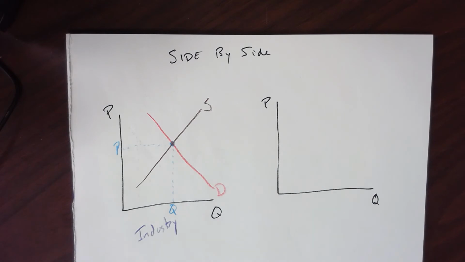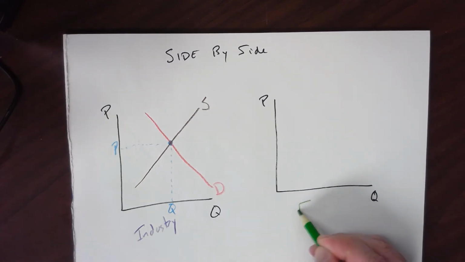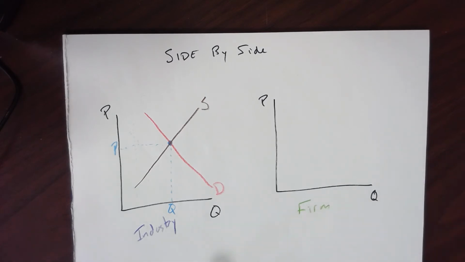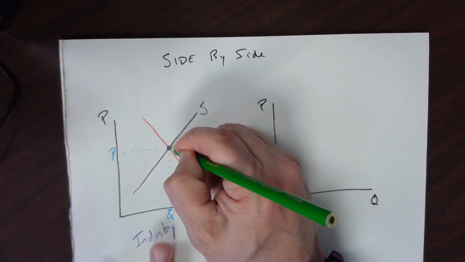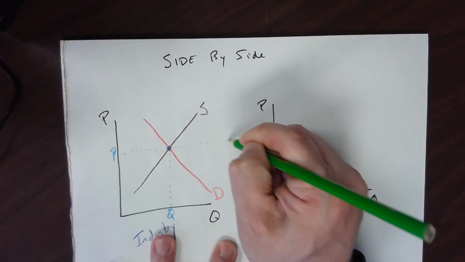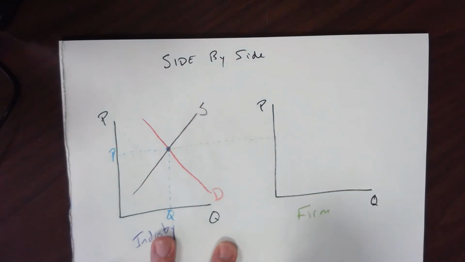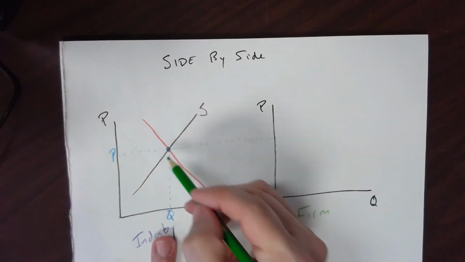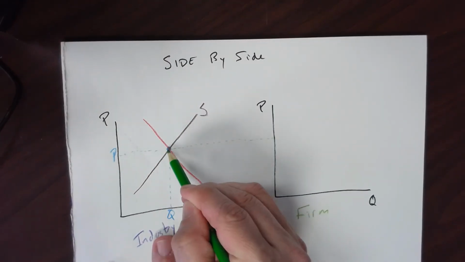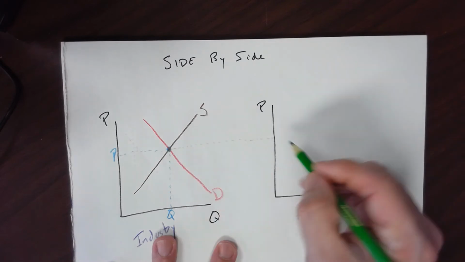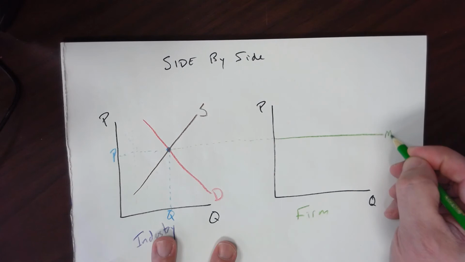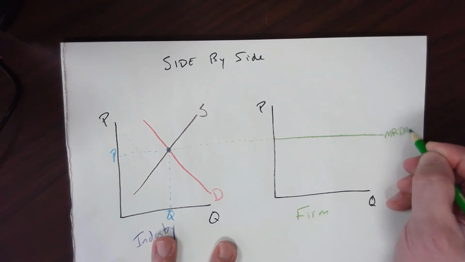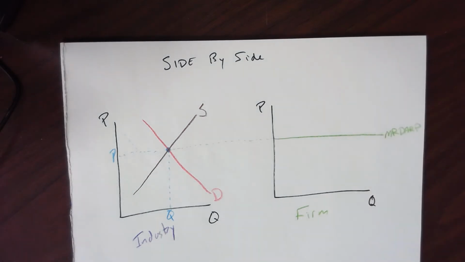But me being my own business, I only truly care about my firm's situation. And because it's pure competition, I will connect that across like that. Where your supply and demand equilibrium point is, you connect that across. That is where Mr. DARP appears.